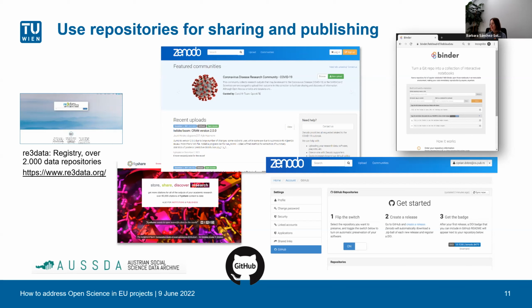There is this tool Binder where you can collect different notebooks and code. So this is very important if your data somehow relates to code. If you need code to read the data or to interpret it, please provide this information and provide it also publicly.